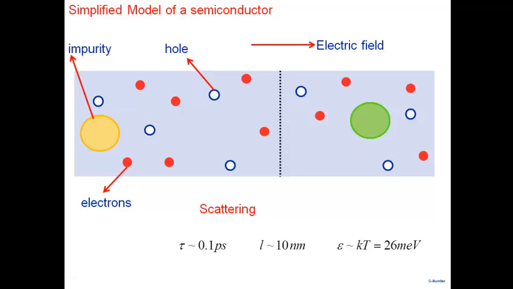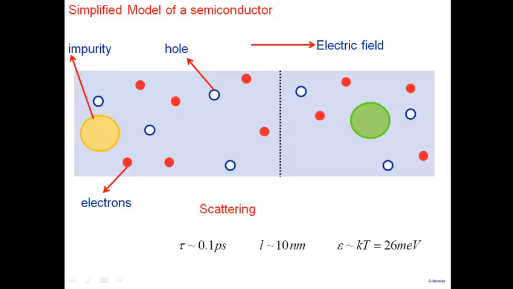When we apply an electric field, what do we expect now? Earlier, as I said, on an average, electrons going from left to right or right to left are the same. No current is there. But now you can understand that if I apply an electric field, now electrons would have a preferred motion because the field now gives a direction, and more electrons you would expect will go from right to left than left to right.